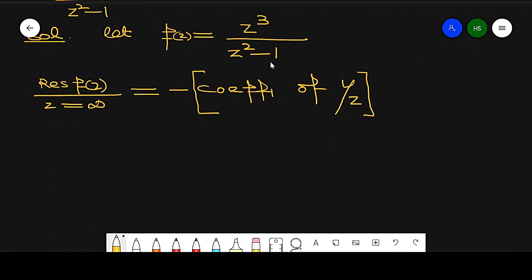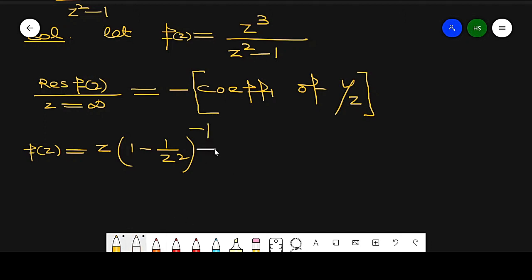First expand it in series form. So this can be written as f of z. If I take z square common, this value is equal to z into 1 minus 1 by z square, raised to power minus 1.